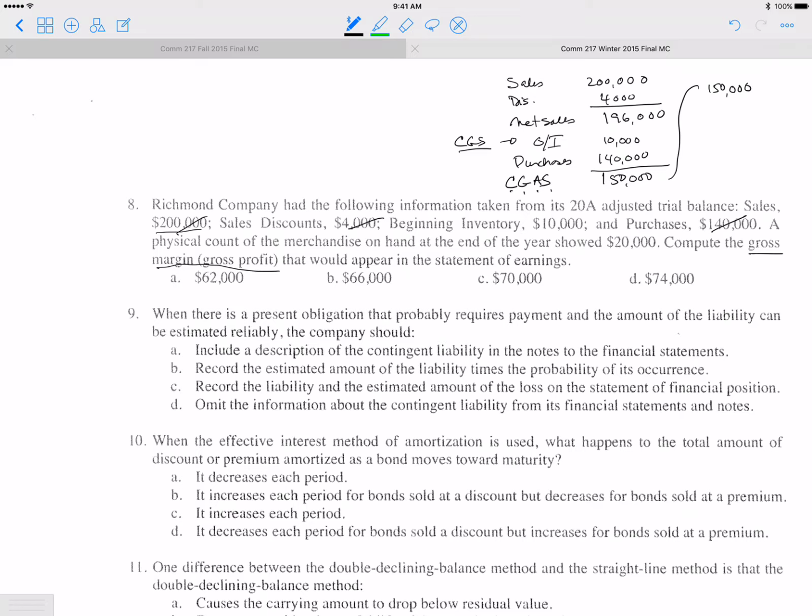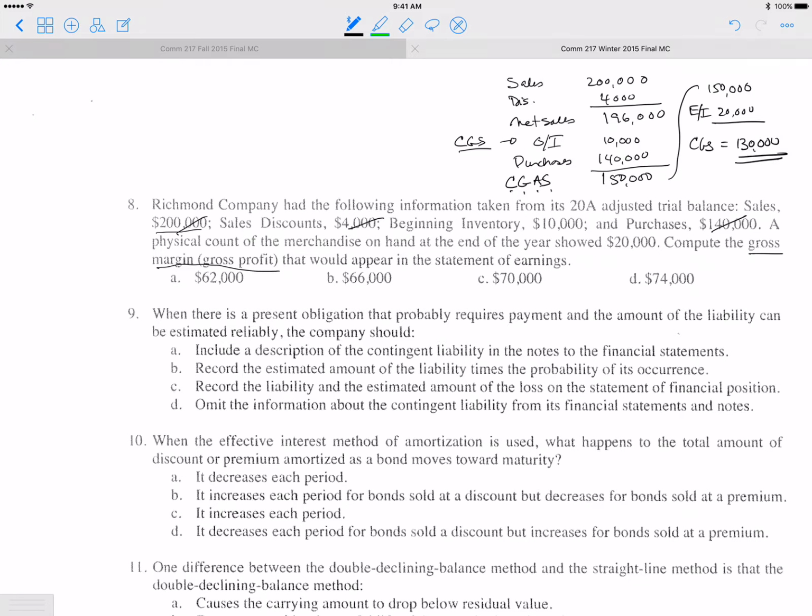If you take away your ending inventory, the goods that you did not sell, which in this case was $20,000, your cost of goods sold is equal to 130.